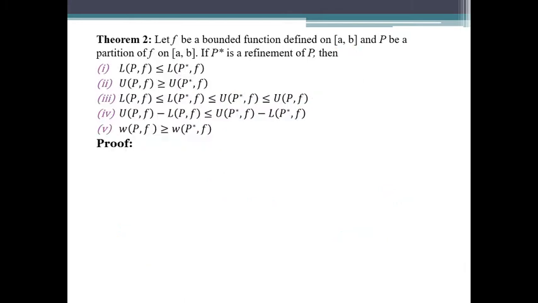In the next slide we try to prove these five inequalities. In this theorem, let f be a bounded function on the closed interval [a, b], and let P be a partition of the closed interval [a, b].